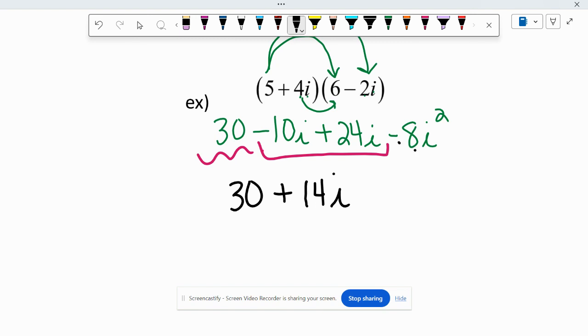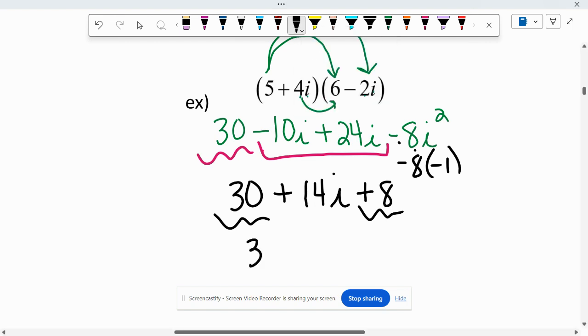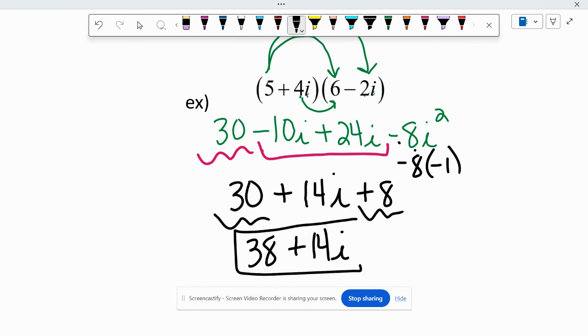And what happens to negative 8 times i squared? Well, this is negative 8 times negative 1, which is positive 8. So 38. There's no i, we got rid of the i. It's 38 plus 14i.